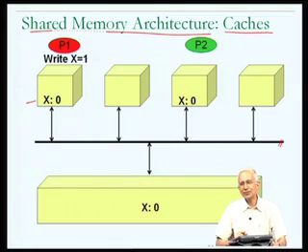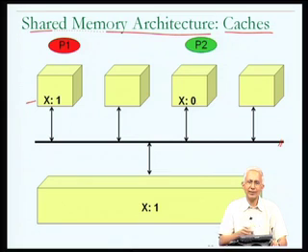What if now process P1 writes or changes the value of the variable x using a store instruction? This is a perfectly legitimate operation on a shared variable. The net effect is going to be that the value of x inside its cache gets changed to 1. Let me also assume that the value of x inside the main memory gets changed to 1, possibly by a write-through mechanism. But let me just make that assumption.